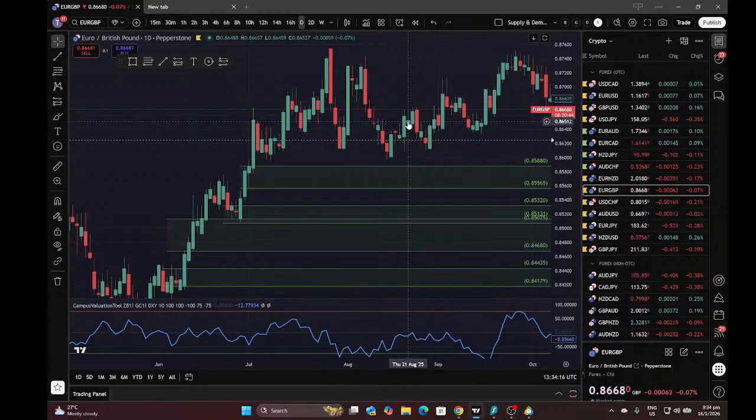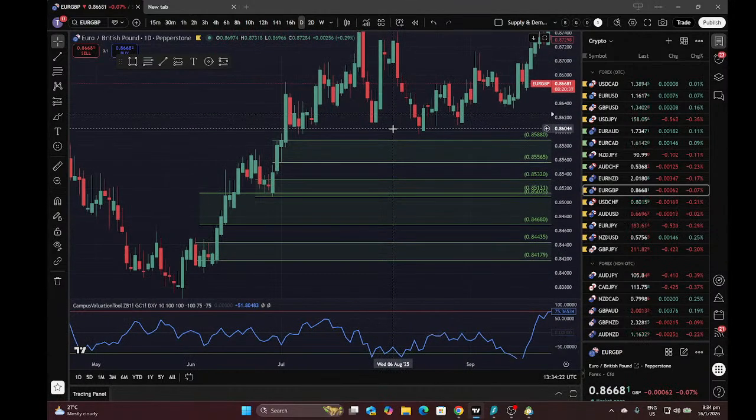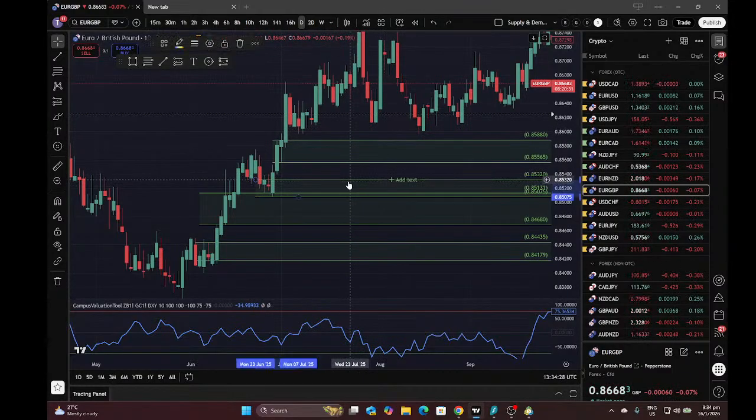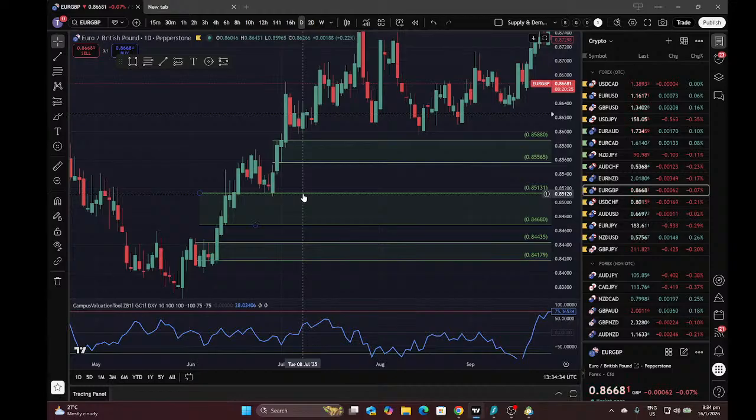I prefer to have a very high quality zone than to trade on a bad quality one. Then the next possible one, given that I'm not going to trade this, I'm just going to remove this zone.